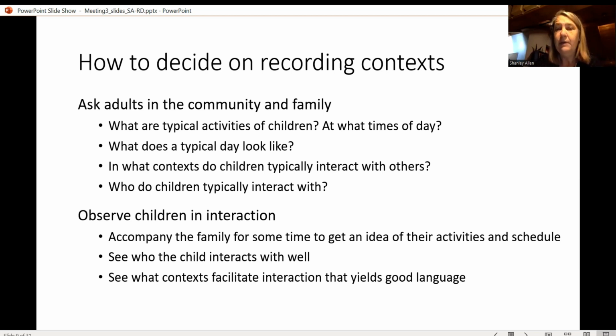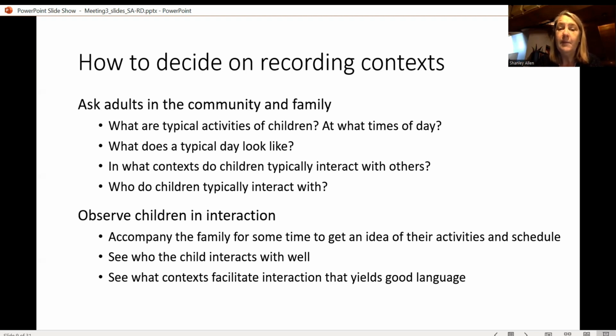So there's no point in having a situation in church, for example, where they're sitting there listening, but not themselves talking. And who do children typically interact with, so that you can get on tape the people that they most interact with. And also, observing children in interaction is very helpful.